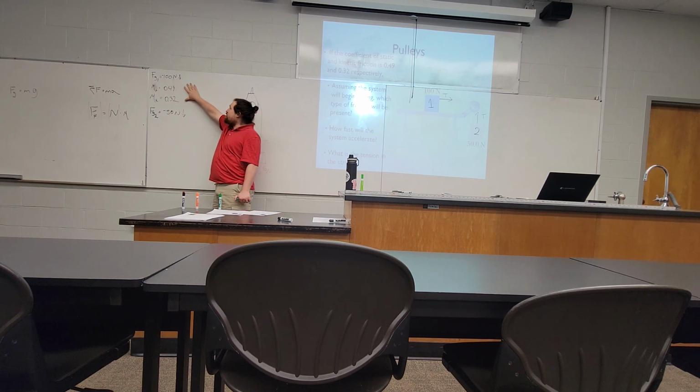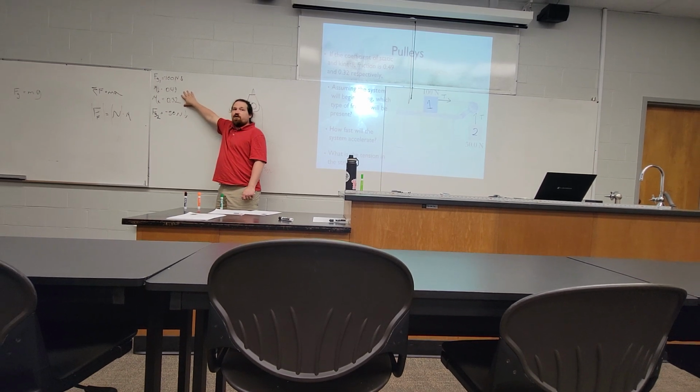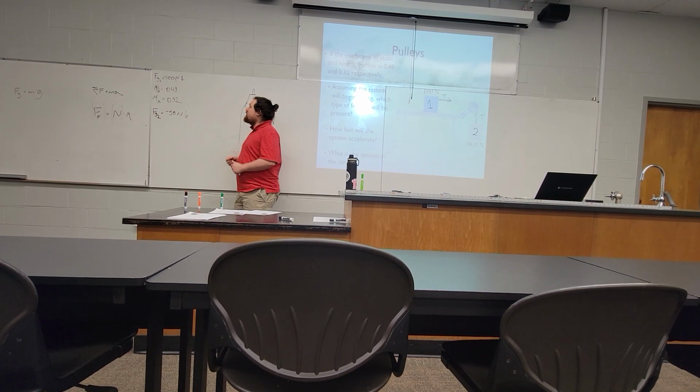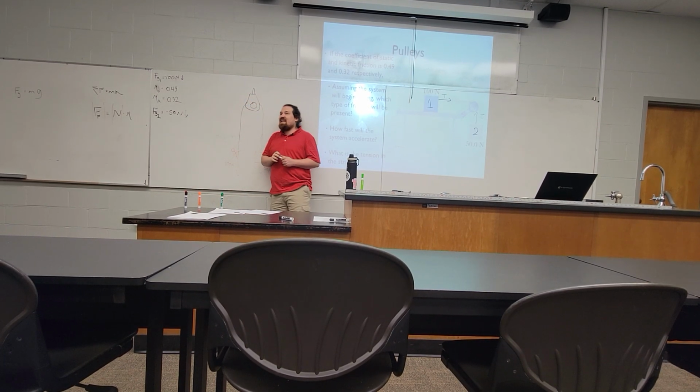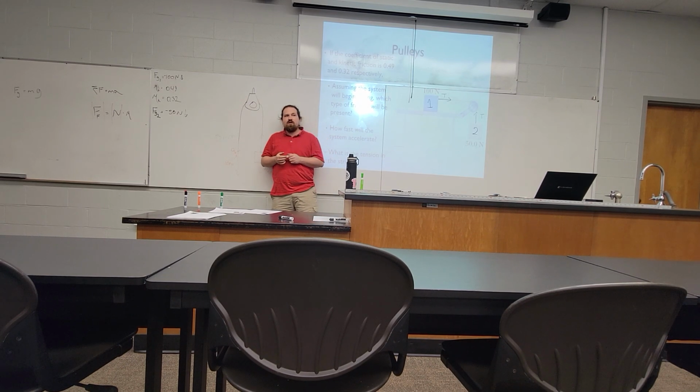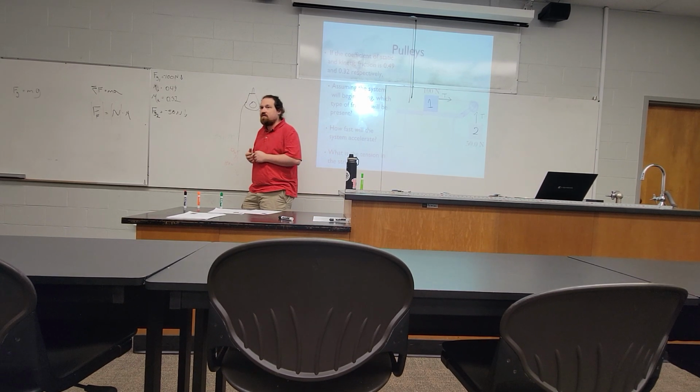I've written the numbers that we have over here already. Box 1 weighs 100 newtons, and the coefficients of friction between it and the table: its static coefficient is 0.49, and its kinetic coefficient is 0.32. Separately, box 2 weighs 50 newtons. And those are all the numbers that the question outright tells us.